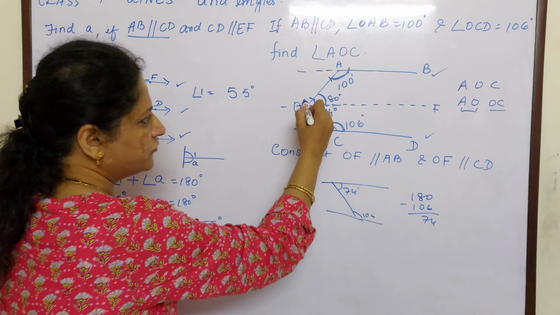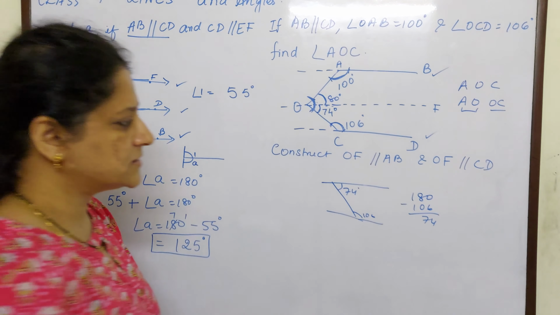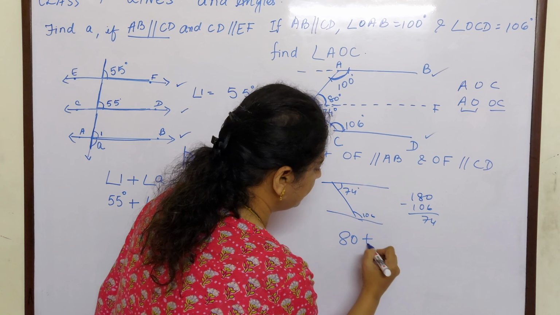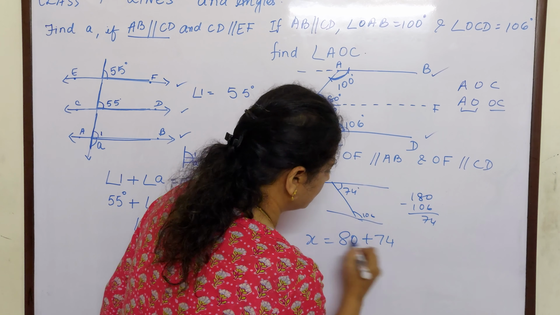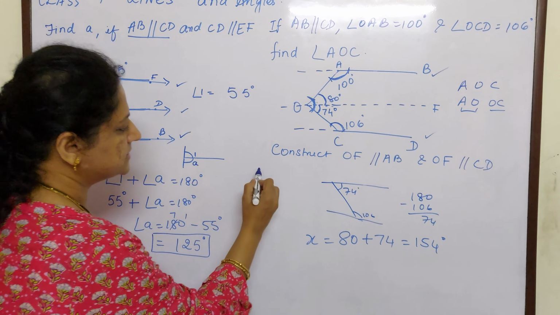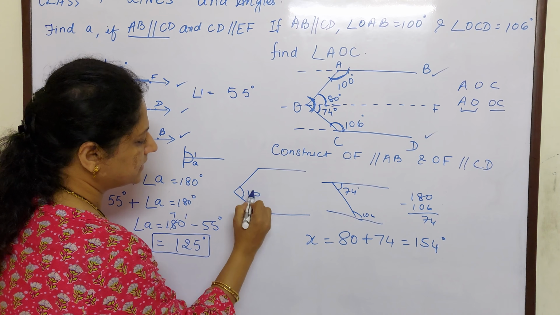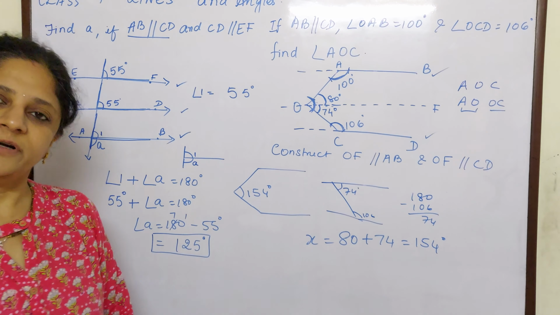Okay. Now this full angle is x. If this full is x, you have to just add this 80 plus 74. That is x is equal to 80 plus 74, 154 degrees. That means in this diagram, where they had asked us what is x, it is 154 degrees.